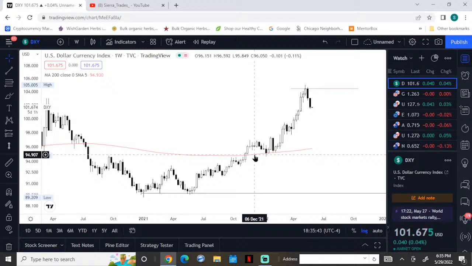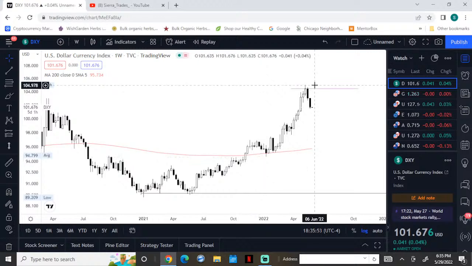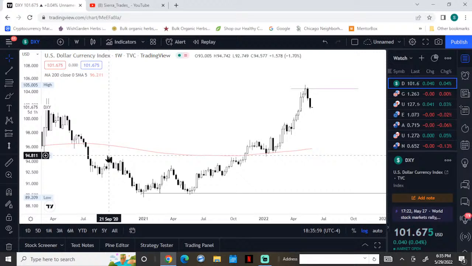I want to find another area where price turned around at. And I'm going to mark this area right here where it broke my 200 MA and continued to buy, because it does touch again right here, September 2020.